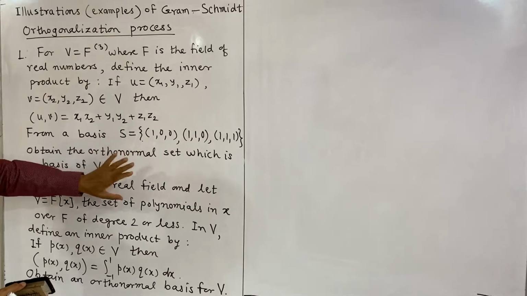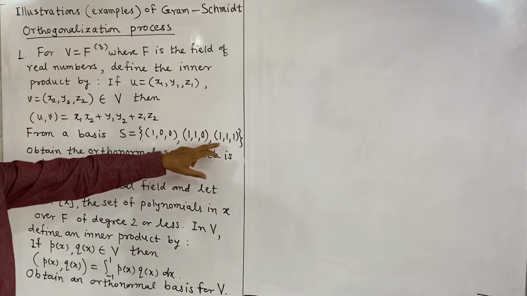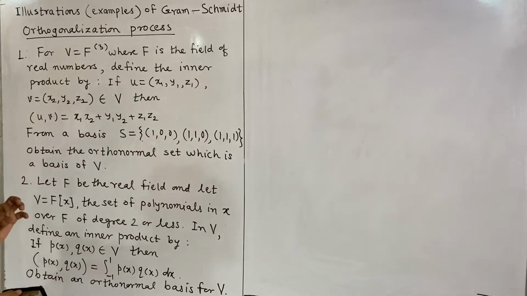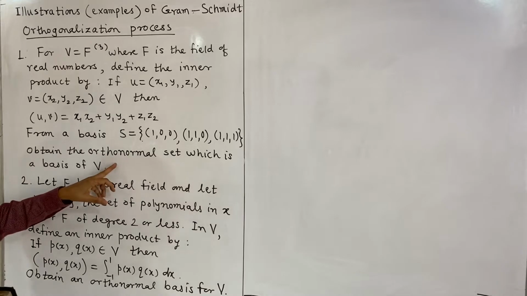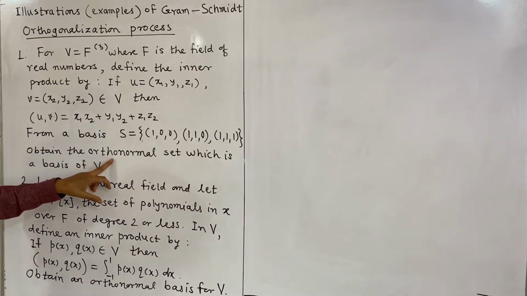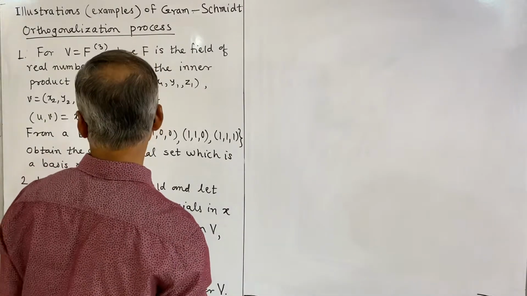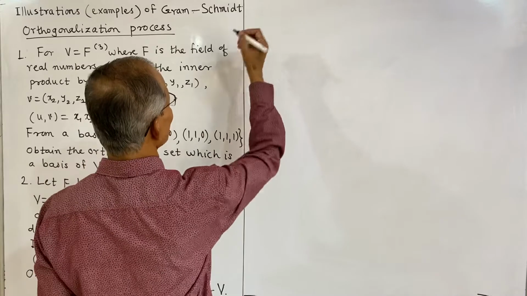But here the vectors are not orthonormal. We shall form a set of orthonormal vectors, which is again a basis of V, using the procedure that we used in the proof of the theorem.